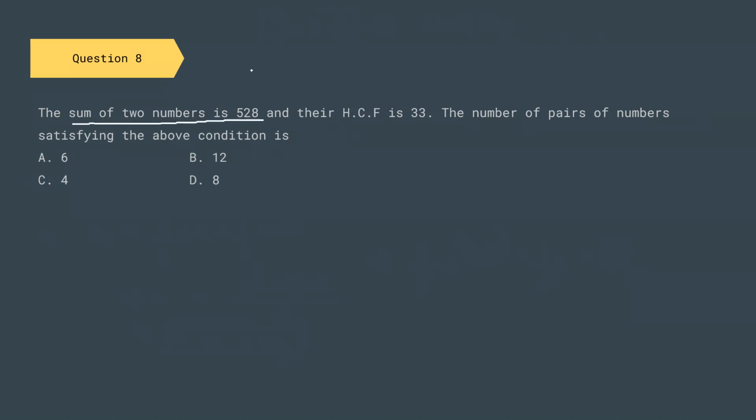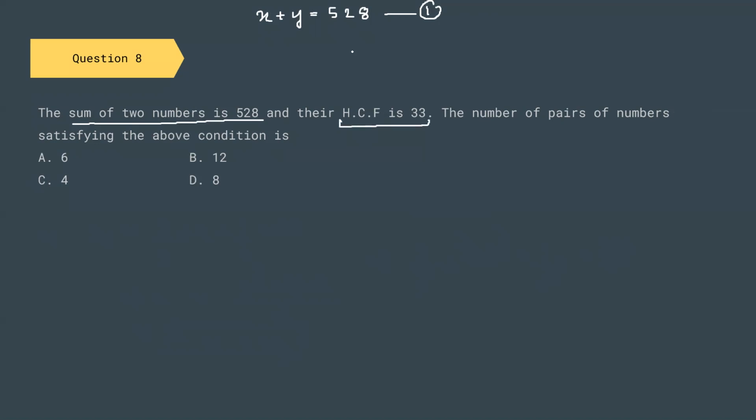Sum of two numbers is 528. So we can write x plus y equal to 528, the sum of the two numbers. So this is equation number 1. And their HCF is 33.